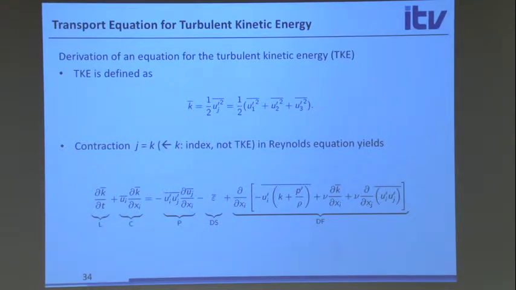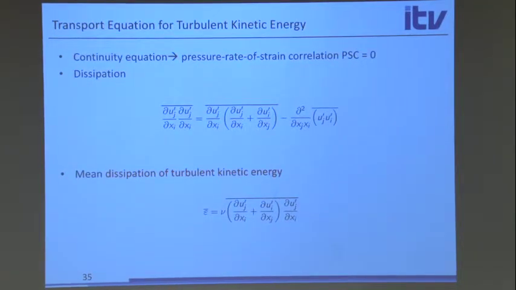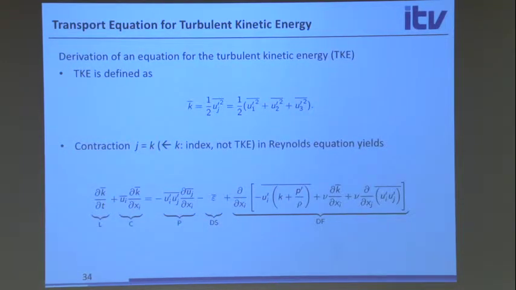kinetic energy equation. And you see you have several terms here, and in the next slides, they interpret these terms. We can just talk about it here. So these two together are the substantial derivative, okay? The time-dependent term and the convection term.